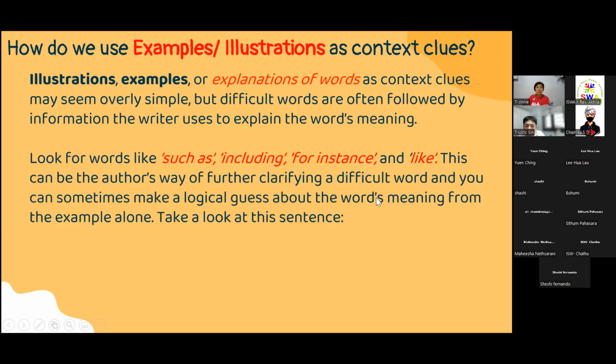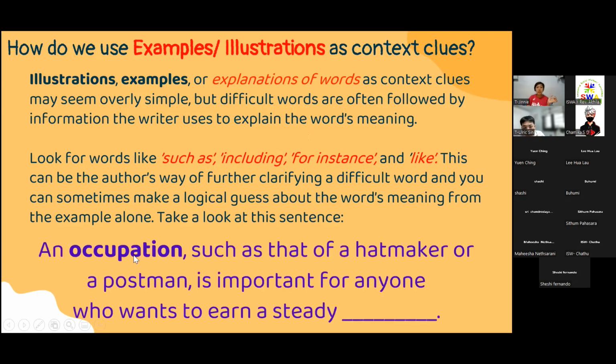You can look out for words such as including, for instance, and like, to understand that the author may be using an example and illustration to explain the difficult word. So let's take a look at this example here.